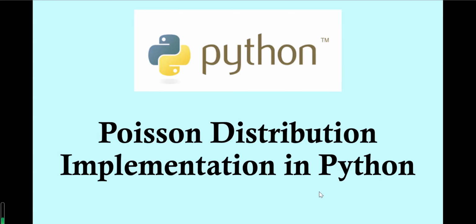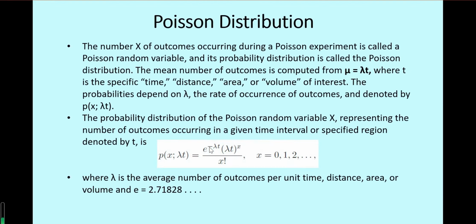In this video, we will show how to implement Poisson distribution in Python. So first, we will talk a little bit about Poisson distribution. Poisson distribution is used to model the discrete count event occurrence in a specific period.